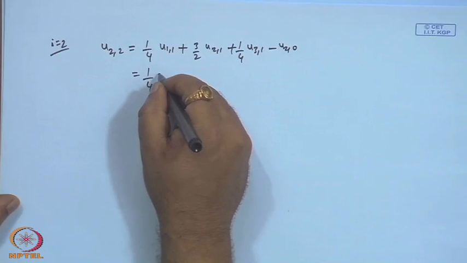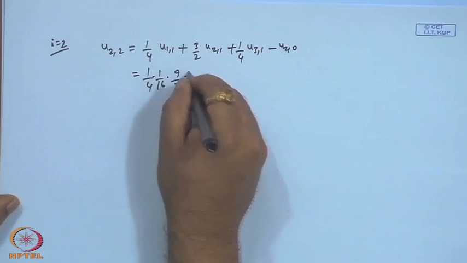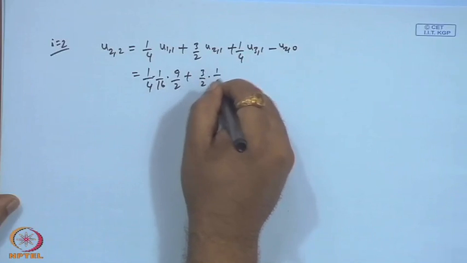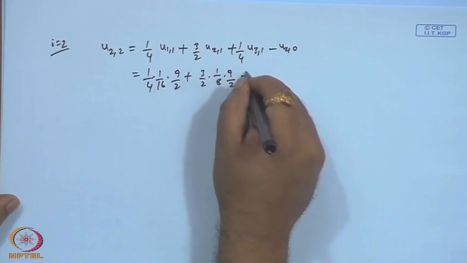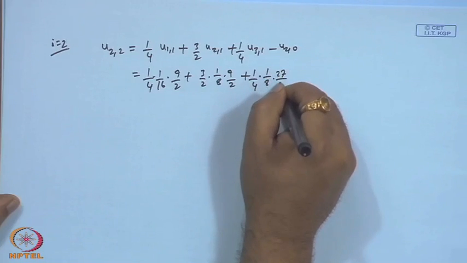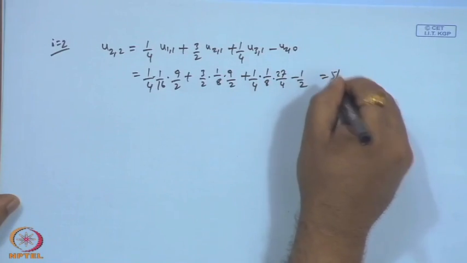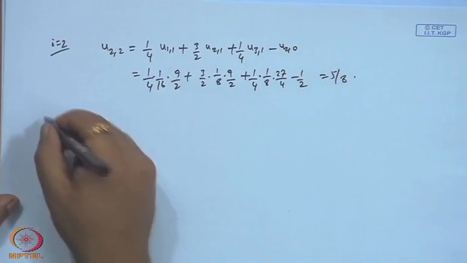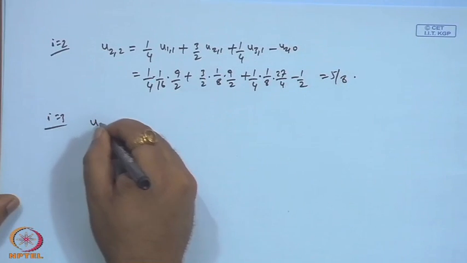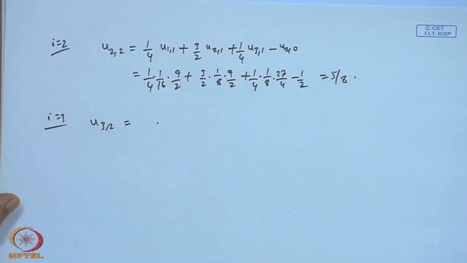So, this will be u 3 1, which we have calculated earlier. So, this we have got. Similarly, we can compute. Okay. So, this is very straightforward.